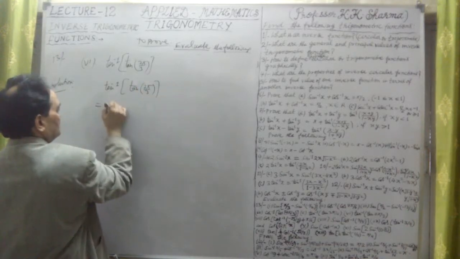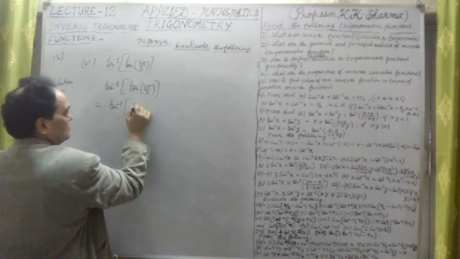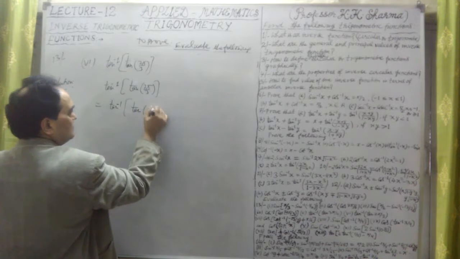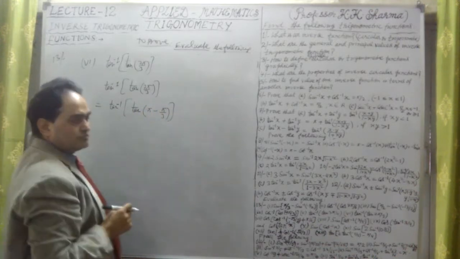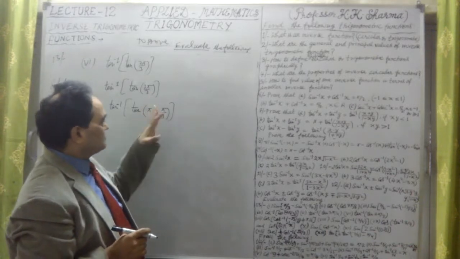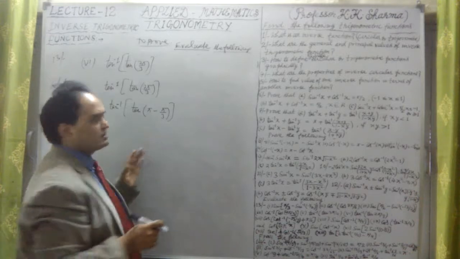Now let me solve it. This is tan inverse, and now 2 pi by 3 can be written as tan of pi minus pi by 3, because pi minus pi by 3 is 2 pi by 3. Pi minus theta is again the second quadrant, where tan is negative.